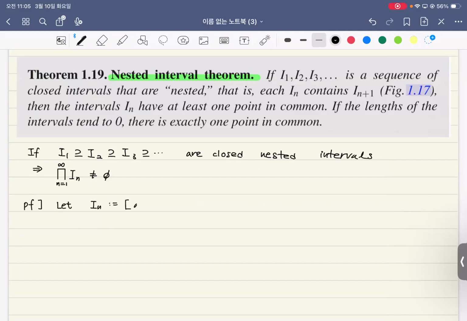Since all these intervals are closed intervals, I write down the endpoints of In to be An and Bn, and they are nested. Since they are nested, An is this endpoint and Bn is that endpoint, right? And since they are nested, this endpoint must be increasing, and the other endpoint should be decreasing.